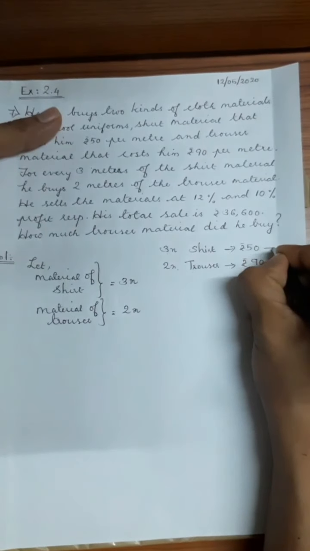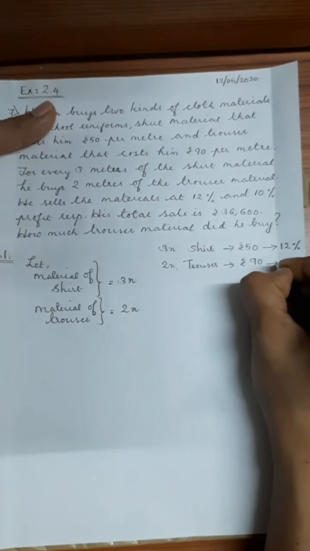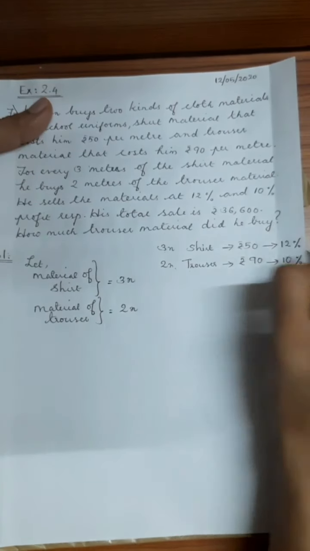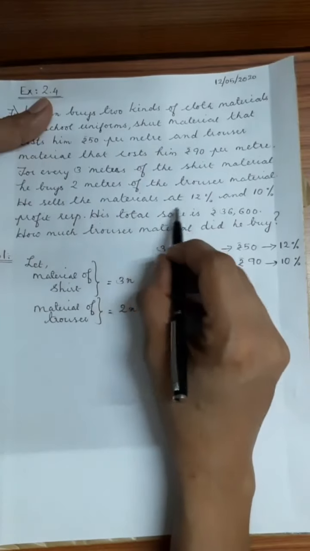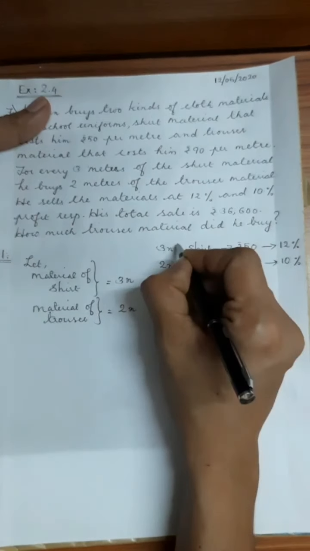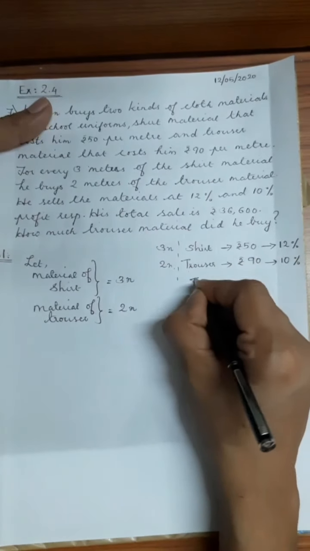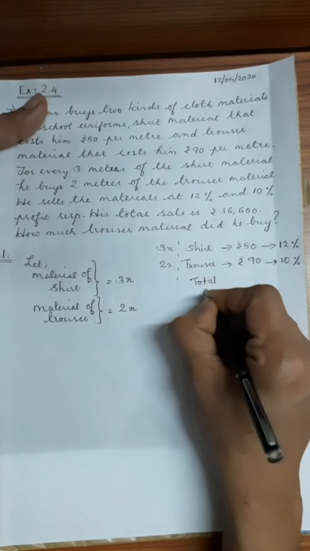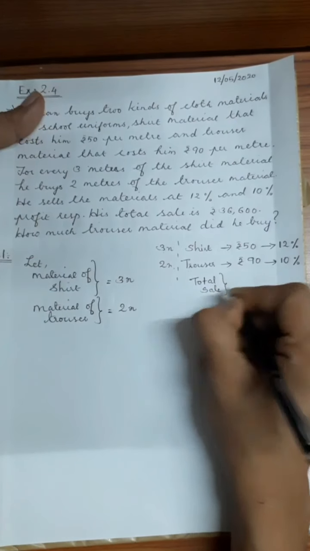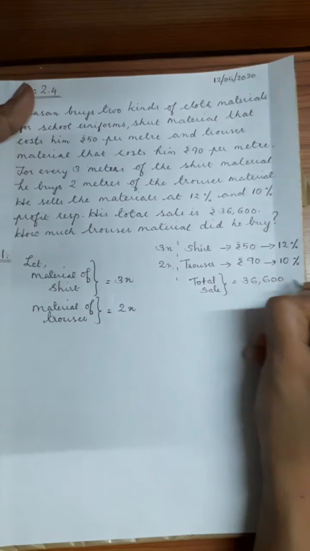For shirt, how much is the profit percentage? 12%, and for trouser 10% respectively. So these are the data which is given, and his total sale price is also given. What is the total sale price given? While selling all these things he got 36,600 rupees.